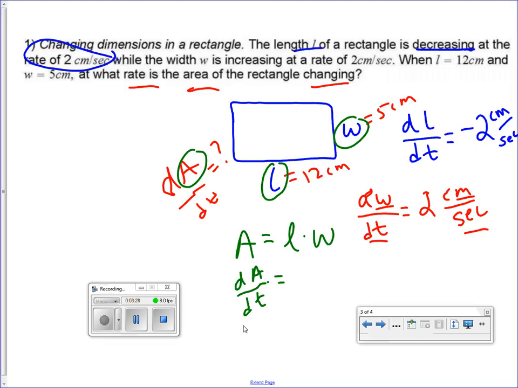Then for the right side, I have 2 variables, L and W, so I will have to use my product rule. So I will do U times V prime, so the derivative of W is just dW/dt, plus V times U prime. That's dL over dt.